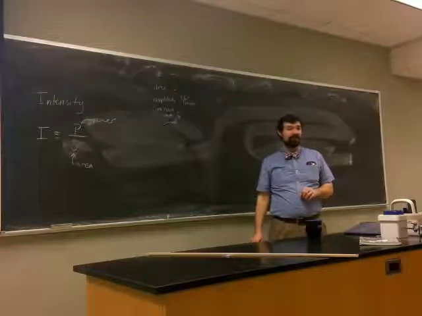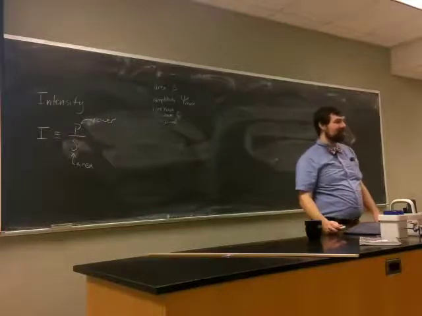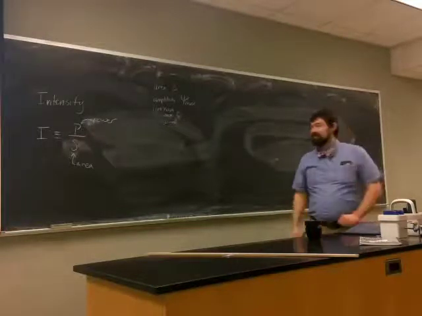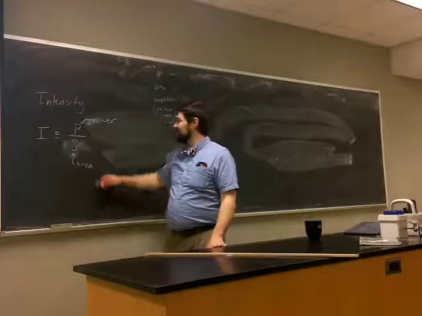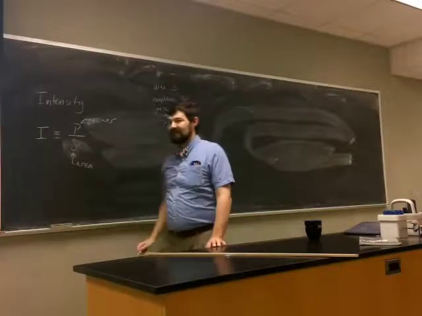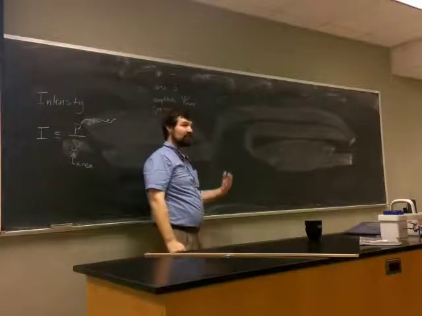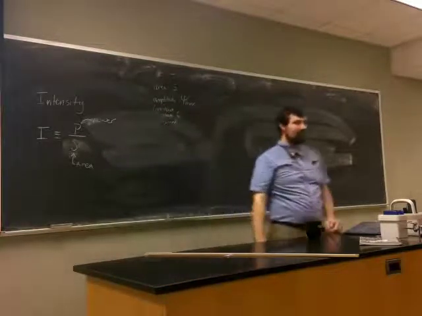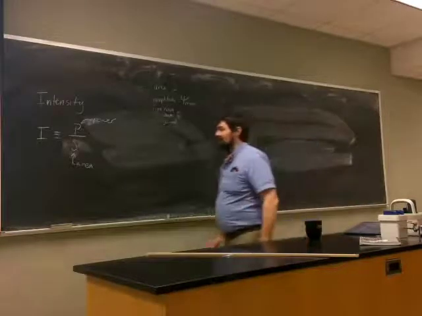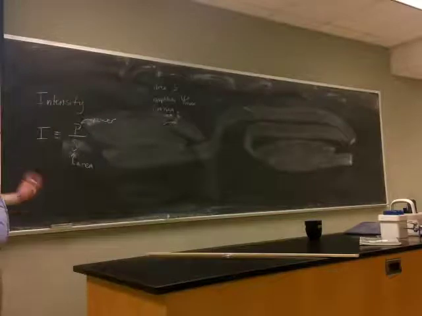It's valid for electromagnetic waves. You could define some version of it for a wave on a string, etc. So we actually do want to leave it as power per unit area, and we do want to have a generic term here. It could be the electric field, as we'll see later in the semester. So power per unit area gives us the intensity.